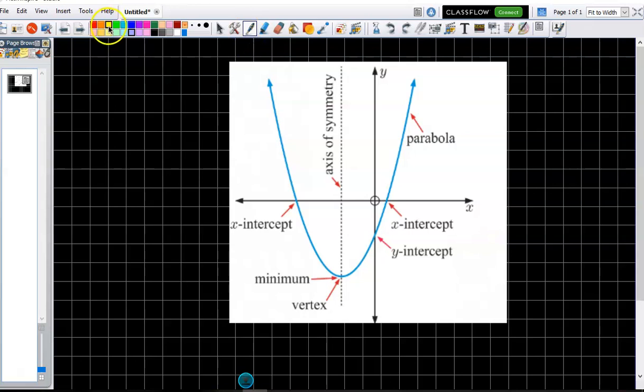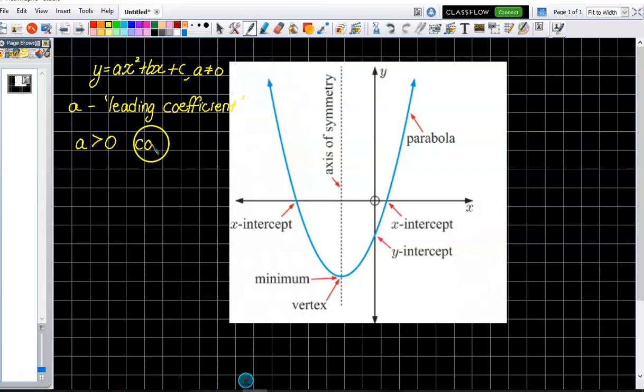So when we've got it in the form y equals ax squared plus bx plus c, and a can't equal 0, a is termed our leading coefficient, or you could just say the coefficient of x squared. But you're just getting used to this language, right? And so when a is greater than 0, yes, that's when it's convex. When a is less than 0, that's when it is concave.